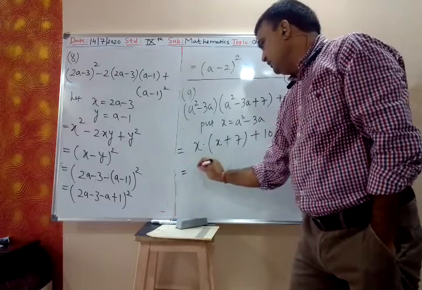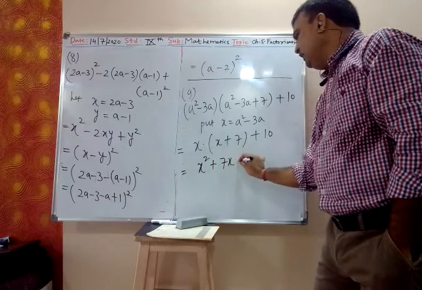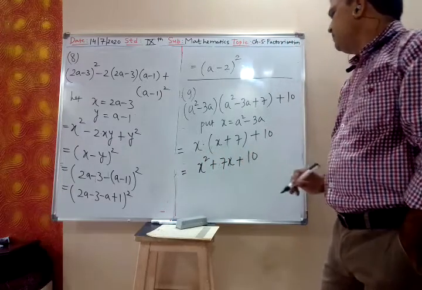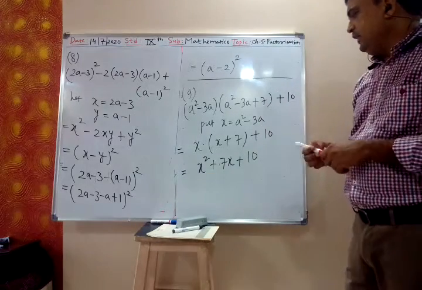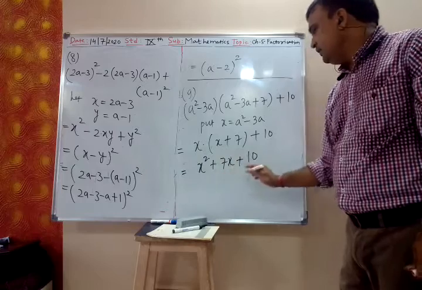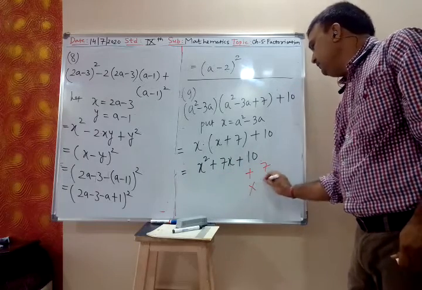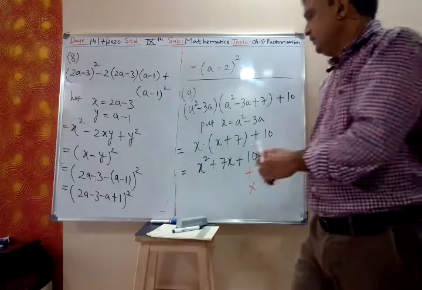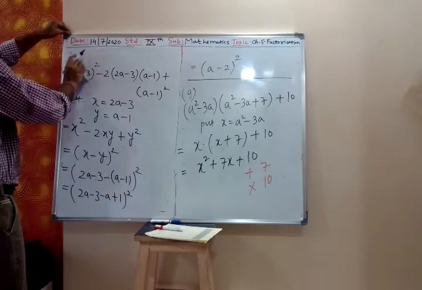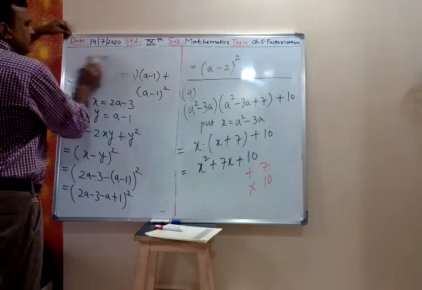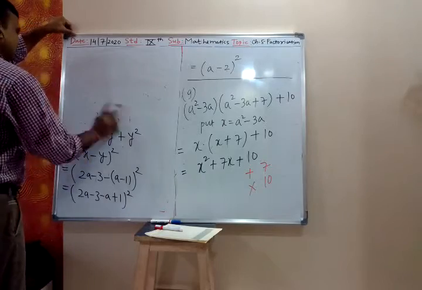Let me do one. X into x plus 7, plus 10. Let me solve: x square plus 7x plus 10. Now find two numbers whose sum is 7 and multiplication is plus 10.